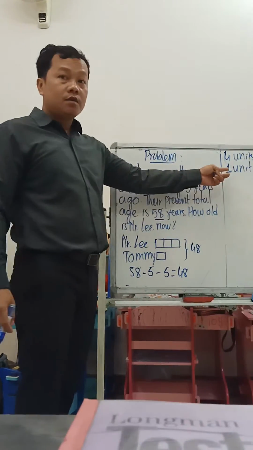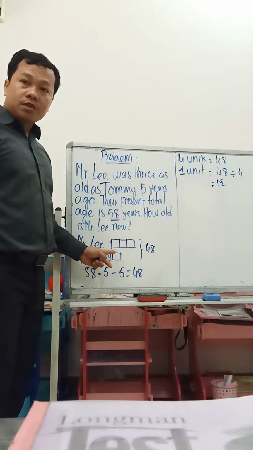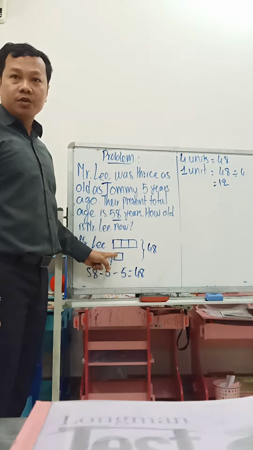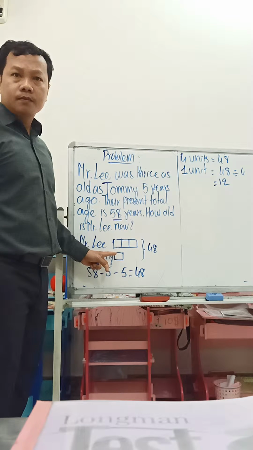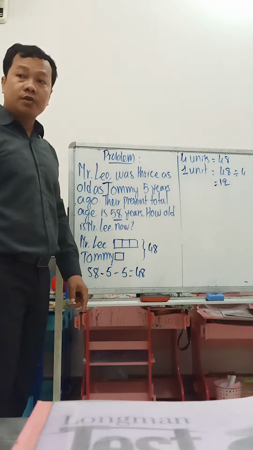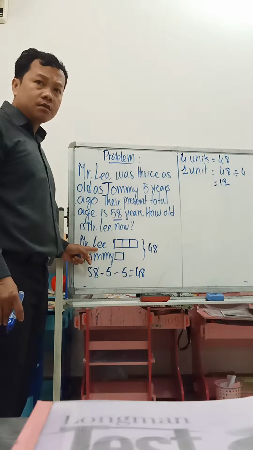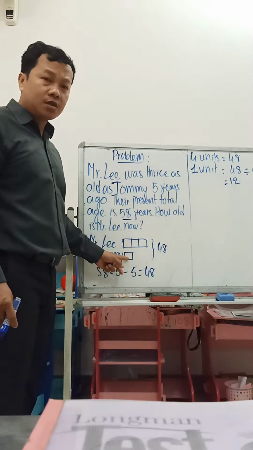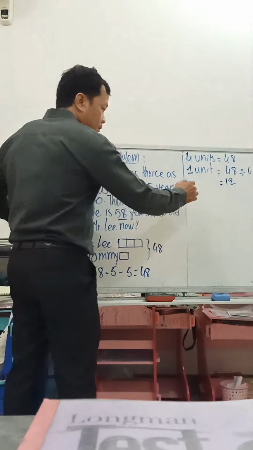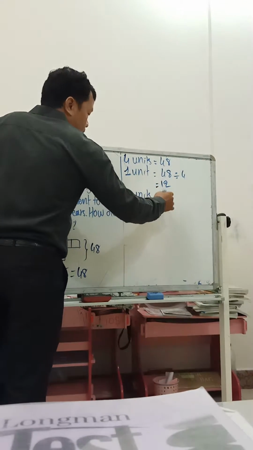So 1 unit equals 12. 5 years ago, how old was Mr. Lee? Mr. Lee, how many units? 3. This is Mr. Lee, right? 1, 2, 3 units. Get it? 3 times as Tommy.